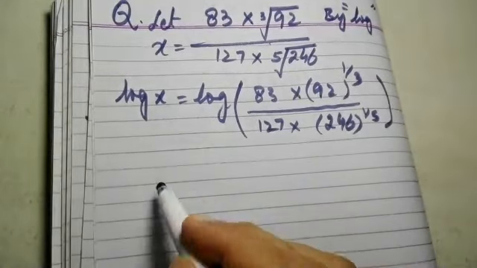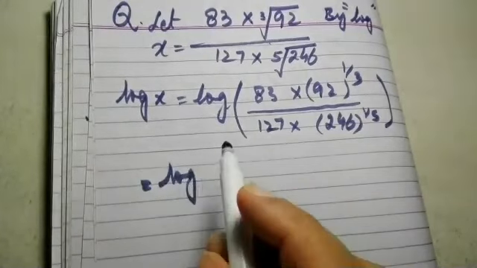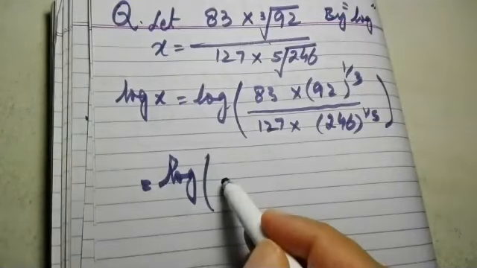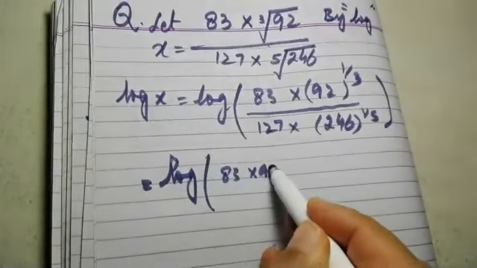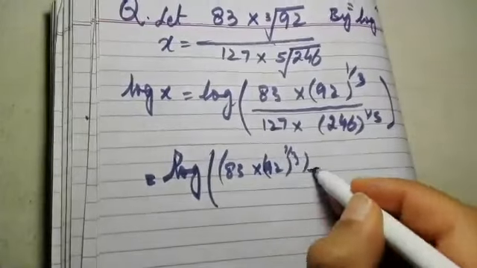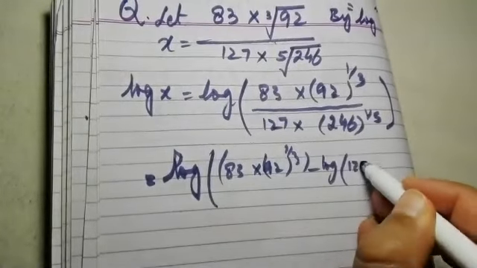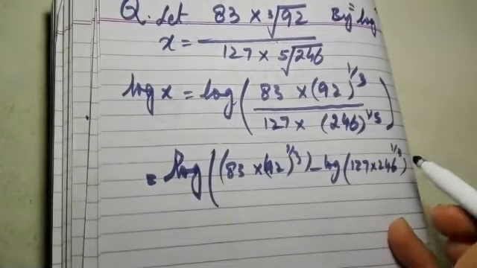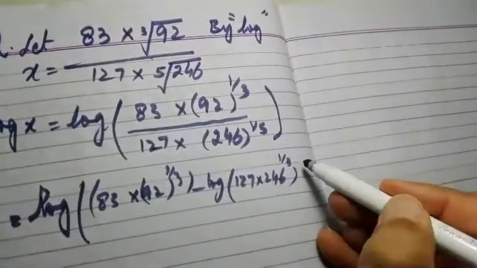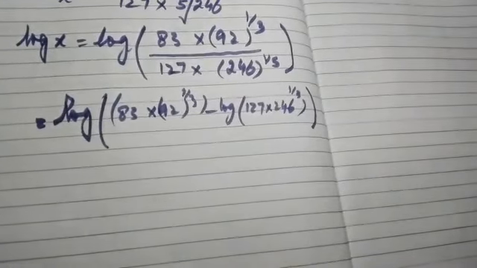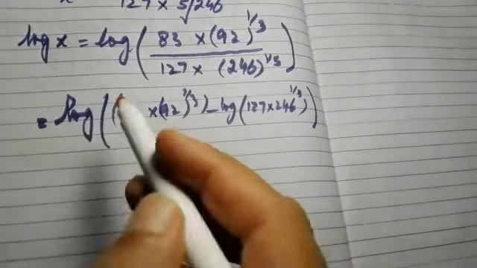So first we will use the second law, that it will split 83 times 92 raised to power 1 by 3 as a single term, minus log 127 times 246 raised to power 1 by 3 as a separate term. I have done this because of the second law. So I will quote the reference, why I have done it.